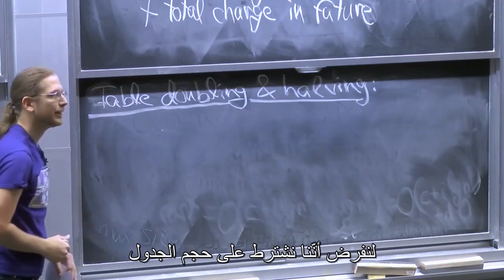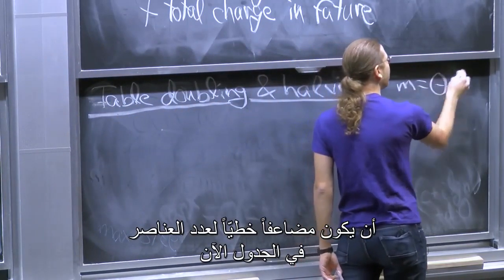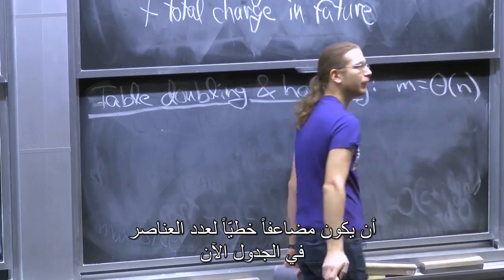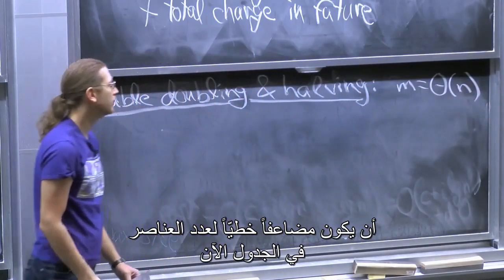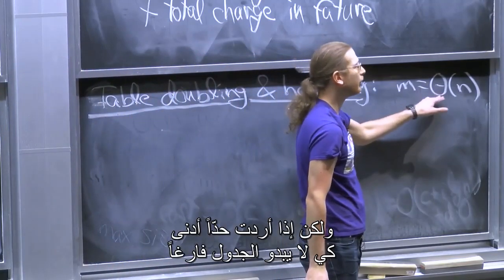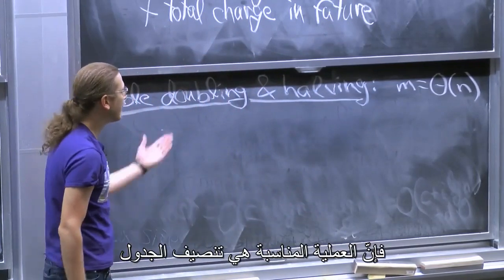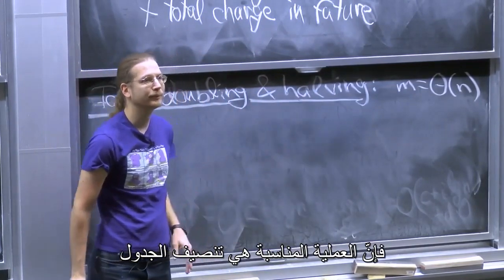Let's say I want to maintain that the size of the table is always within a constant factor of the number of items currently in the table. If I just want an upper bound, then I only need to double. But if I want also a lower bound, if I don't want the table to be too empty, then I need to add table halving.